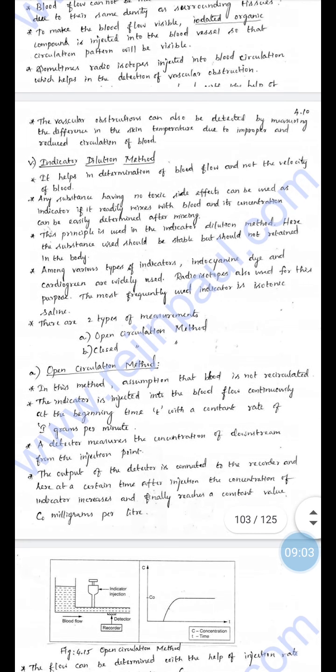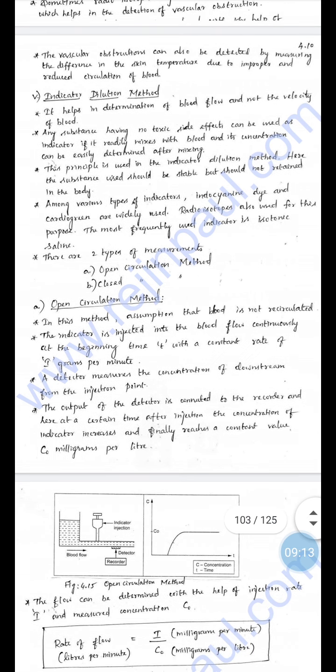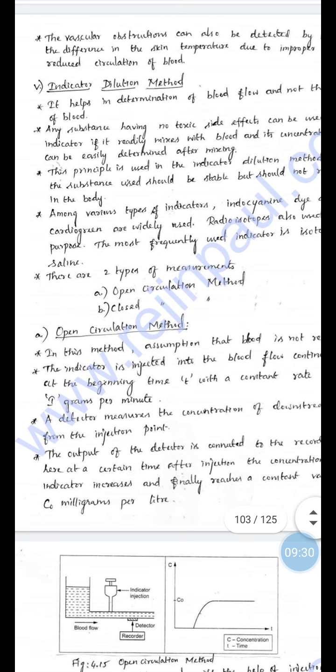Another one is the indicator dilution method. It helps in determination of blood flow and not the velocity of blood. So we cannot find the velocity of the blood in the indicator dilution method. Any substance having no toxic side effects can be used as an indicator, if it readily mixes with the blood and can be easily determined after mixing.